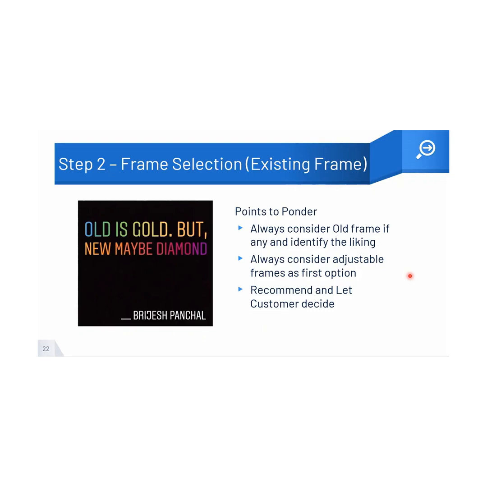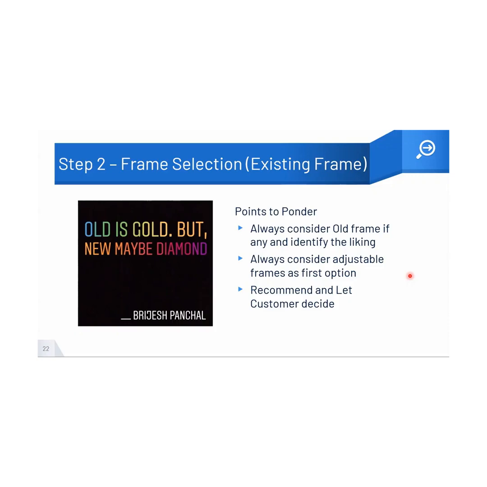You can also ask what they like in that frame, because sometimes we believe the customer wants a light frame or a big frame, or something only from the fashion perspective, but sometimes it is as simple as wanting lenses which can be cleaned easily, lenses light in weight, and a frame comfortable to wear. So you always have to understand what your customer is liking about the old frame.